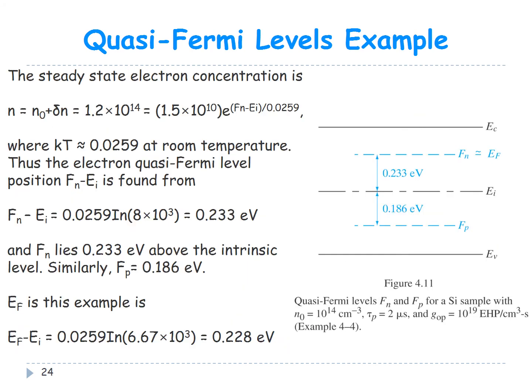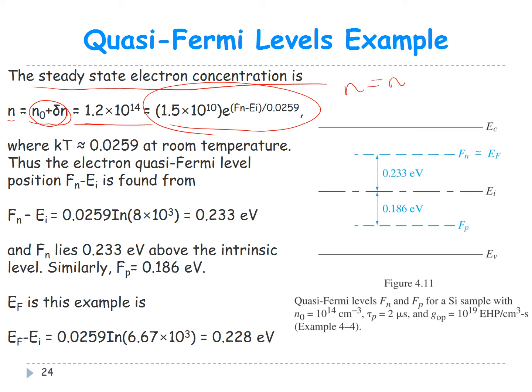Okay. So the steady state electron concentration is going to be equal to n naught plus delta n, which is equal to 1.2 times 10 to the 14. From our equation, n equals ni e to the power (Fn minus Ei) over kT.